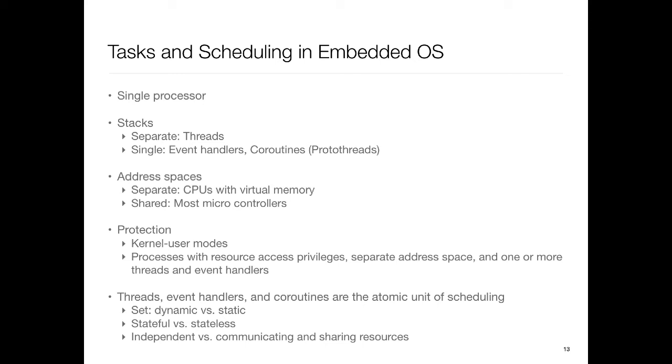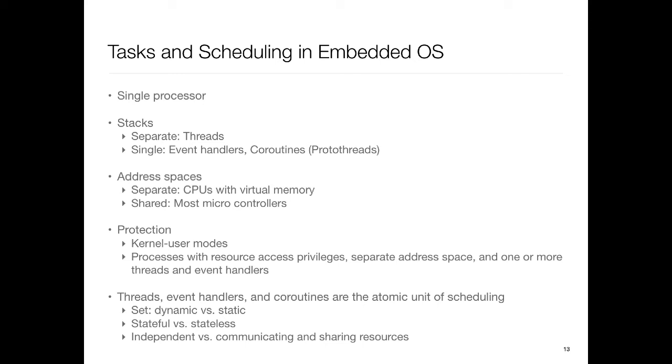Stacks. We saw that when we talked about functions, coroutines, and threads. Basically, one of the ways to distinguish these operating systems is, do they have coroutines or do they have real threads? That is, real threads as in with their own stacks, versus fake threads that are really essentially coroutines.